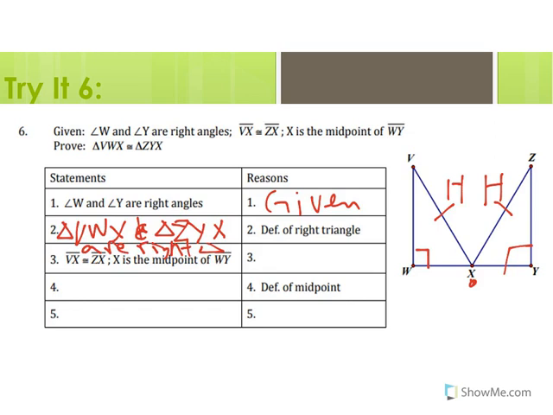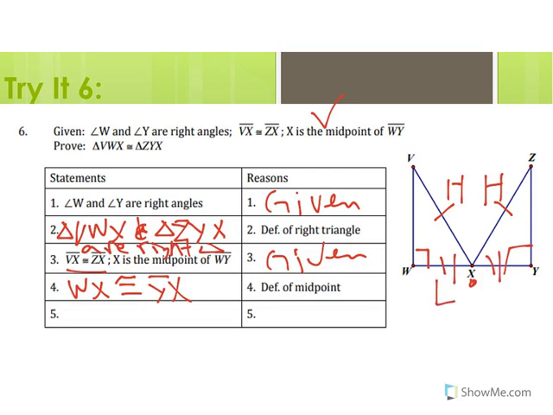And number 3, segment VX is congruent to segment ZX, and X is the midpoint of segment WY, given to us from up here. Okay, and then since X is the midpoint, we can say that segment WX is congruent to segment YX, because X is the midpoint, so these two are congruent.